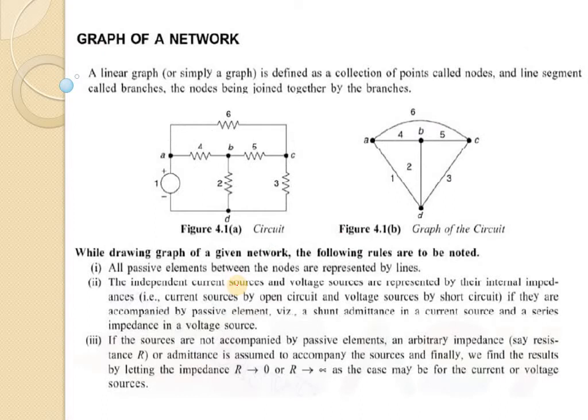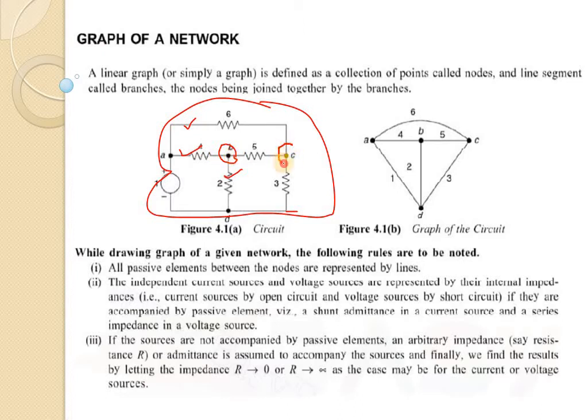What is a graph? Graph of a network. Basically, a linear graph, or simply a graph, is defined as a collection of points called nodes and line segments called branches, the nodes being joined together by the branches. See what I am saying here: this is a network, and in this network these are the branches, all are branches, and the junction points are basically nodes.